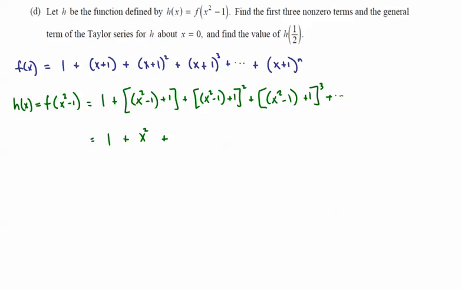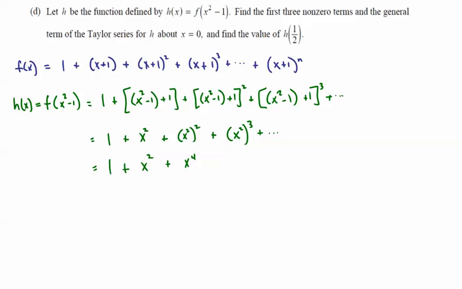The next term would be x squared quantity squared, and the next would be x squared quantity cubed, etc. Simplifying one more round, we get 1 plus x squared plus x to the fourth plus x to the sixth, etc. We actually only need the first three non-zero terms.